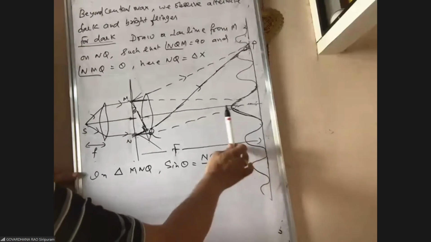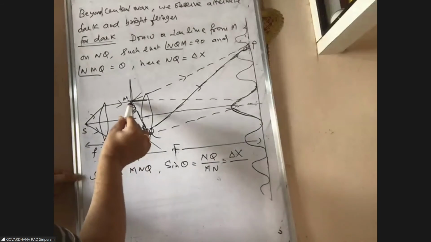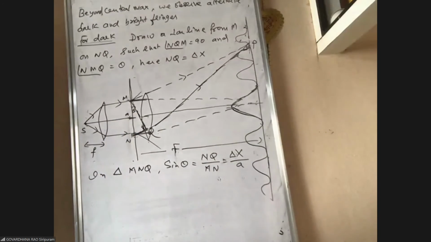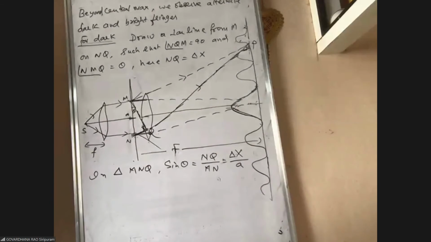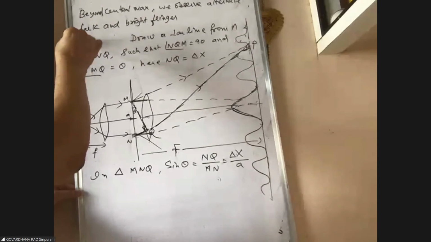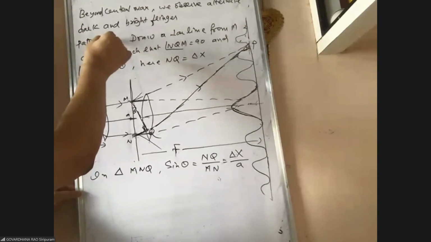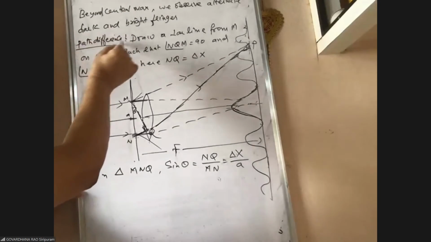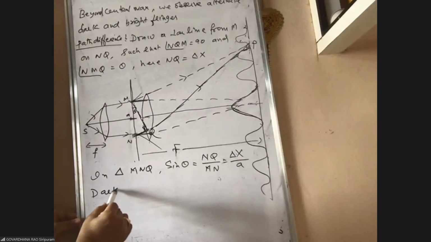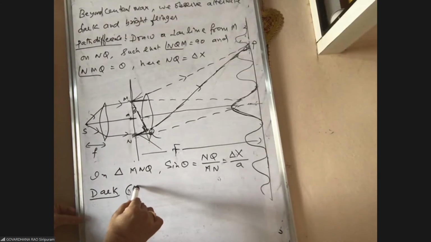So this is delta x by MN, and MN is the slit width a. Write the path difference for the dark, which is called the minima.